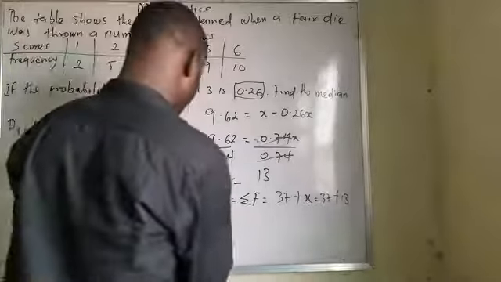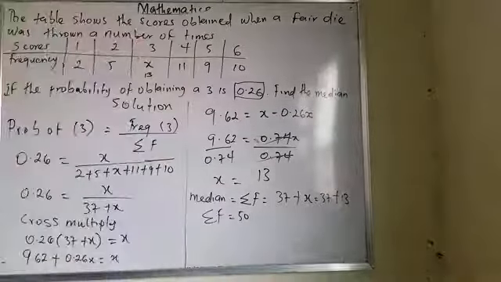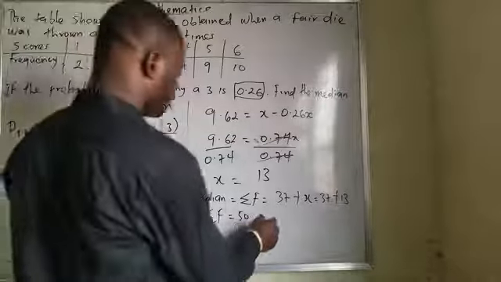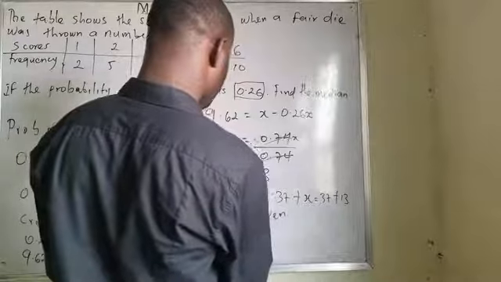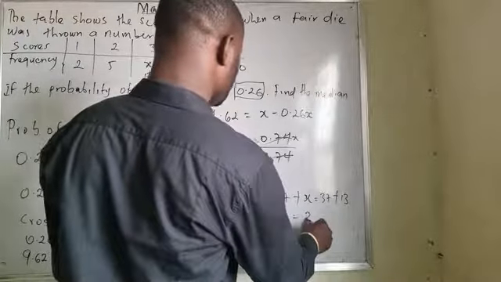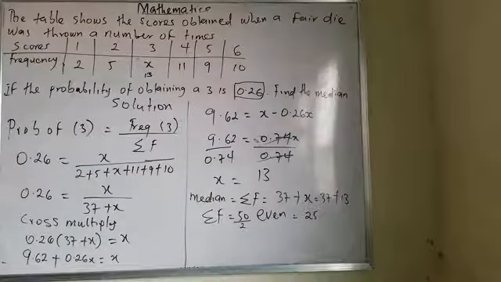It means my summation of f is equals to 50. Now, 50 is even, don't forget that. It means it will be divided by 2, which is going to be 25 positioning.